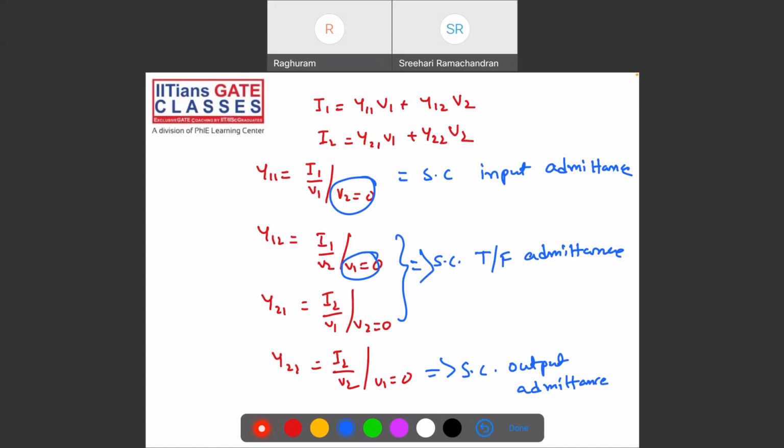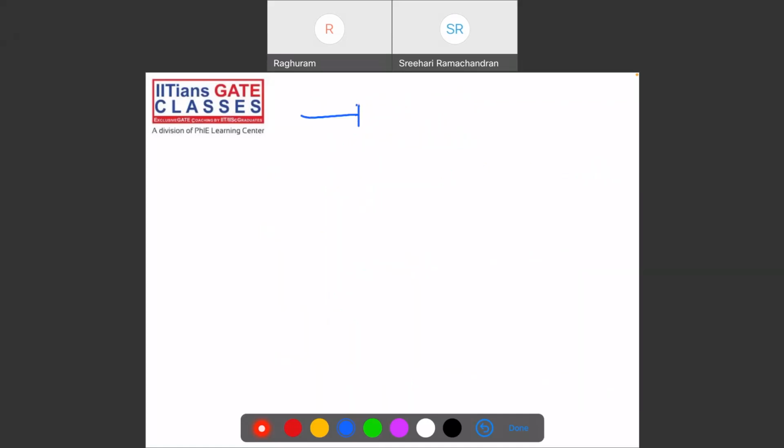So we have written the T equivalent of Z parameters, right? You'll have a pi equivalent, pi or delta equivalent, of the admittance parameters.